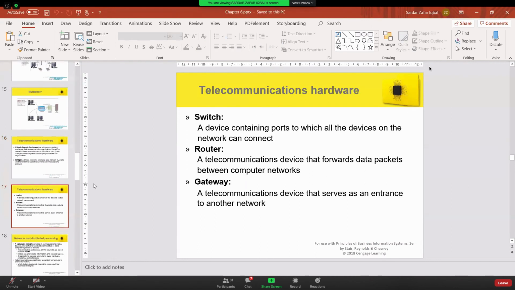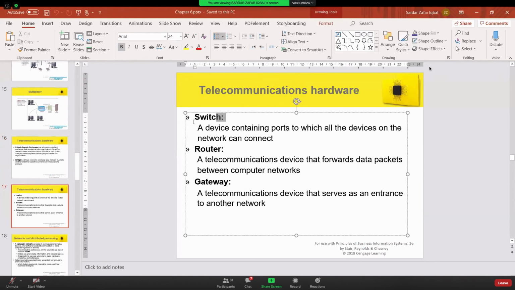So there are some other devices. Have you heard the name switch? Router? Any idea about switch? Have you seen the network room, any one of you? Yes, Doctor, you mean the box with many wires in it? Yes, many wires.